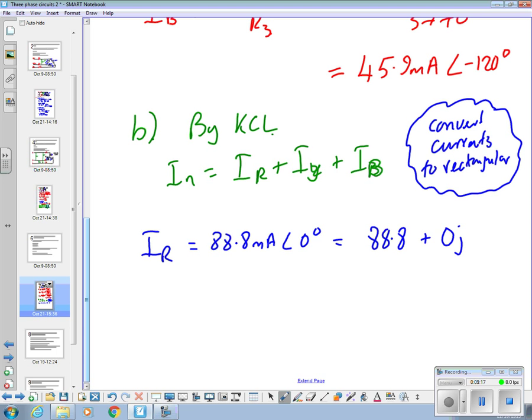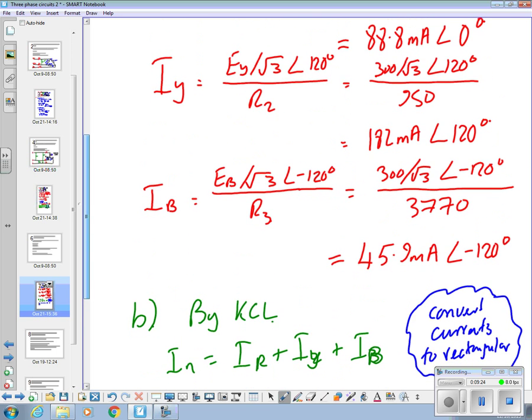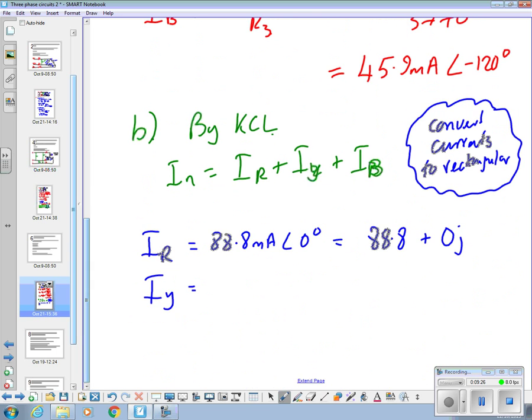I yellow, which was 182 milliamps, angle 120 degrees. What would that come out at in Cartesian? Rectangular, whatever we call it. Minus, plus 158j.